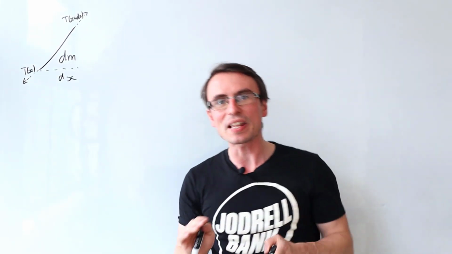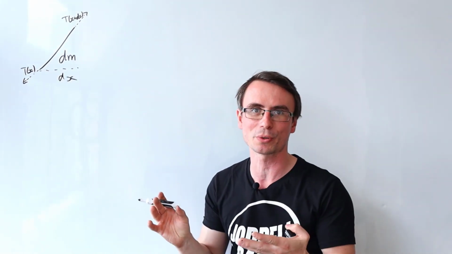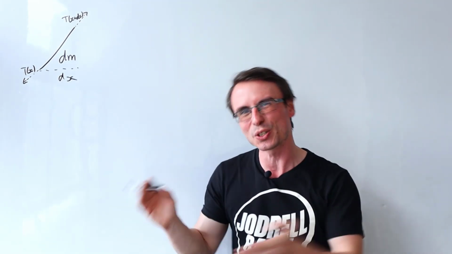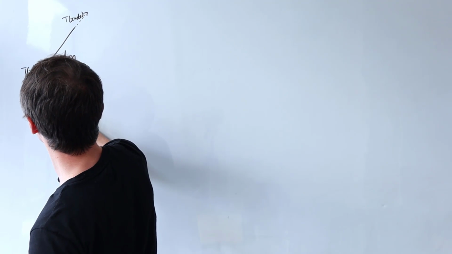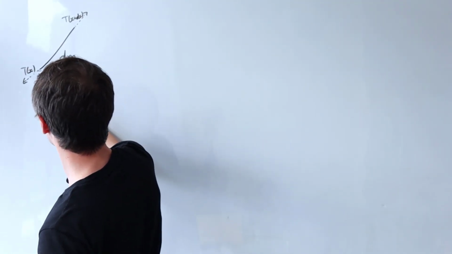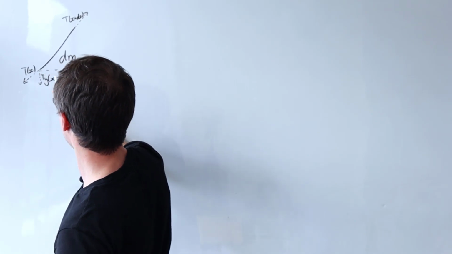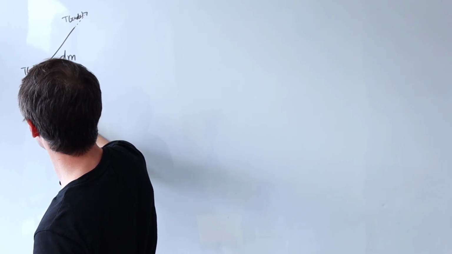Now it's time to split those two vectors into vertical and horizontal components and then see if we can do some tricky balancing. So this one across here is going to have a vertical component. I'm going to call that Ty of x, and we'll also have a horizontal component.